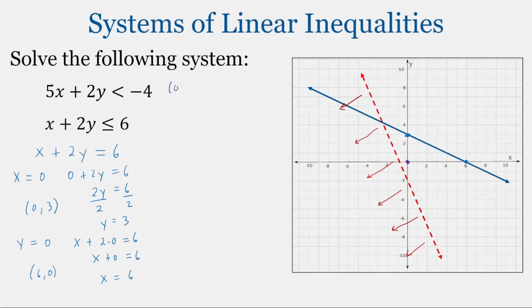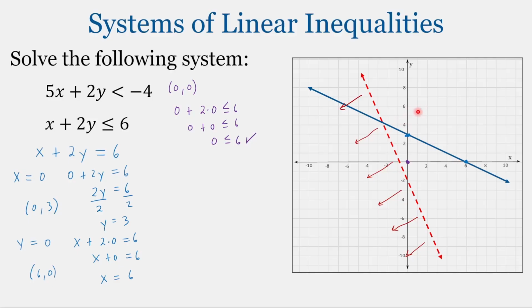We're going to plug these x and y coordinates back into the original inequality. So we have x value of 0 plus 2 times y, so 2 times 0, is less than or equal to 6. 0 plus 0 less than or equal to 6. 0 less than or equal to 6. And that's a true statement. So it looks like we're going to shade down and to the left of this line.